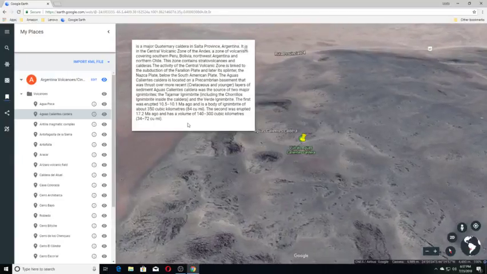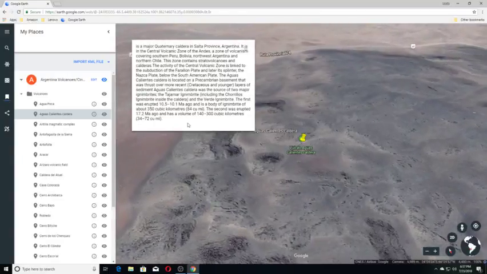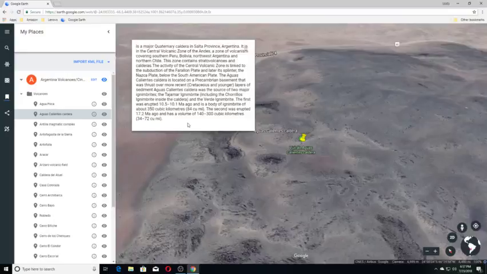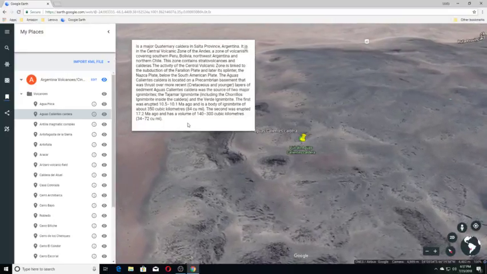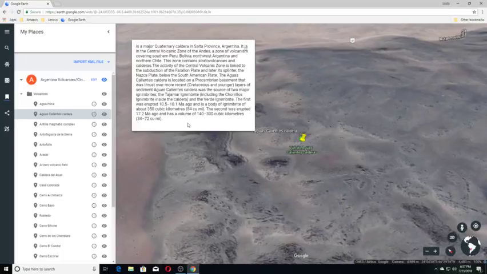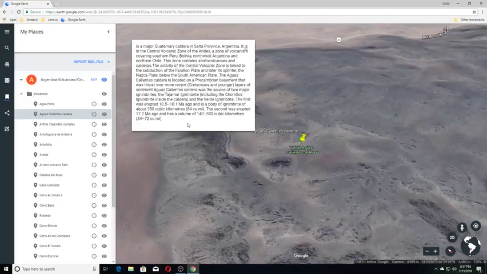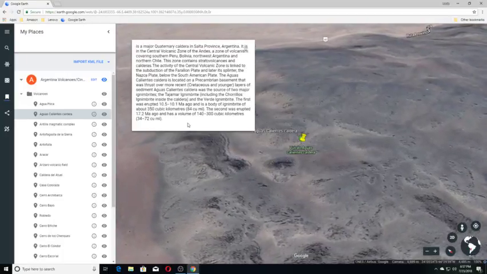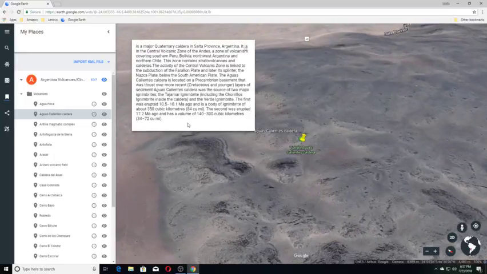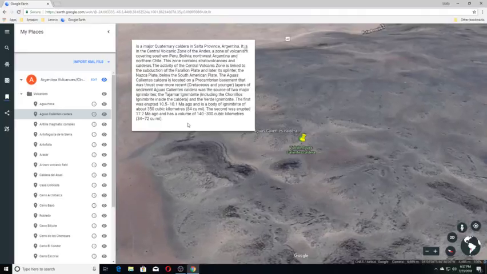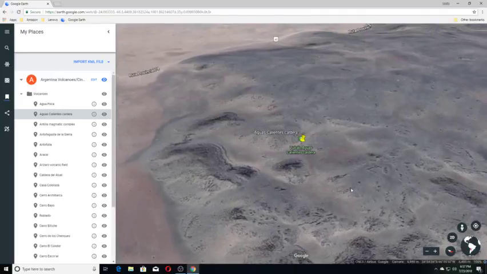The first was erupted 10.5 to 10.1 million years ago and is a body of ignimbrite about 350 kilometers or 84 cubic miles long. The second was erupted 17.2 million years ago and has a volume of 140 to 300 cubic kilometers. That's 34 to 72 cubic miles.